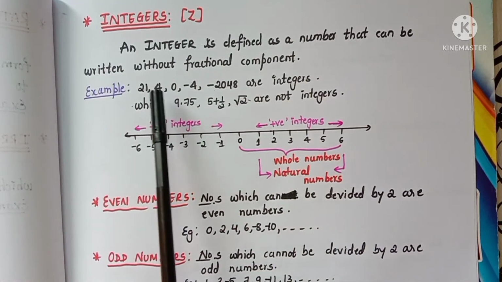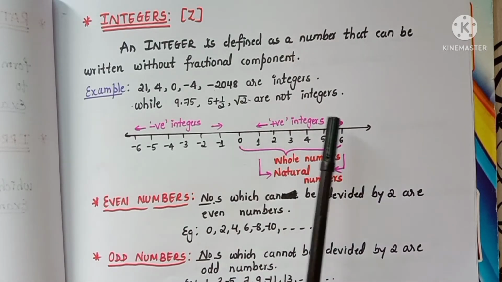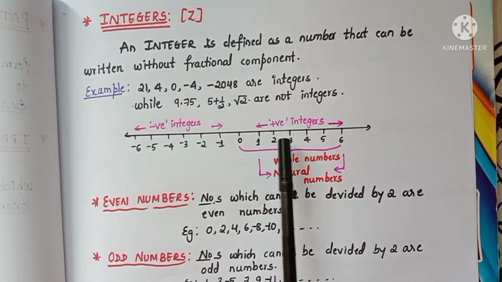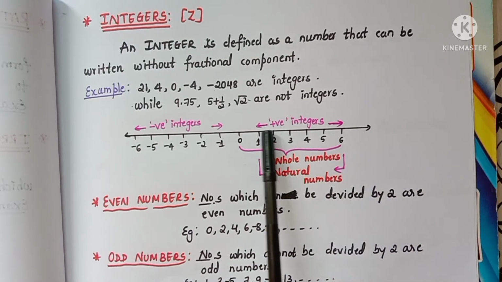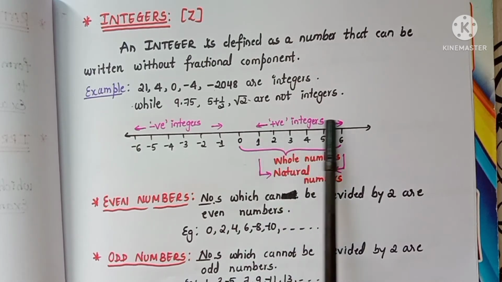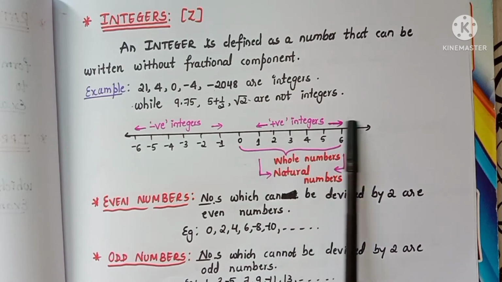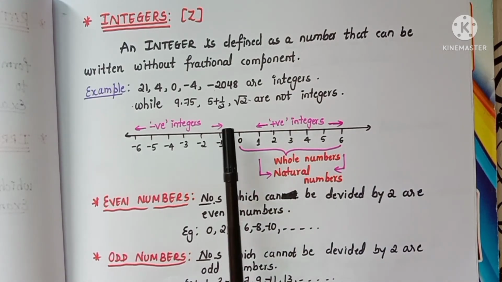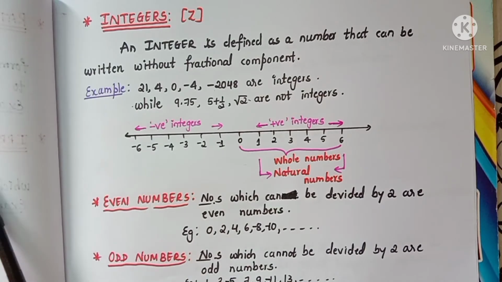Let us understand integers through a number line. So here 1, 2, 3, 4, 5, 6 and so on. These are what? Positive numbers. Therefore it is what? Positive integers from 1, 2, 3 and so on. From -1, -2, -3, -4, -5 and so on.